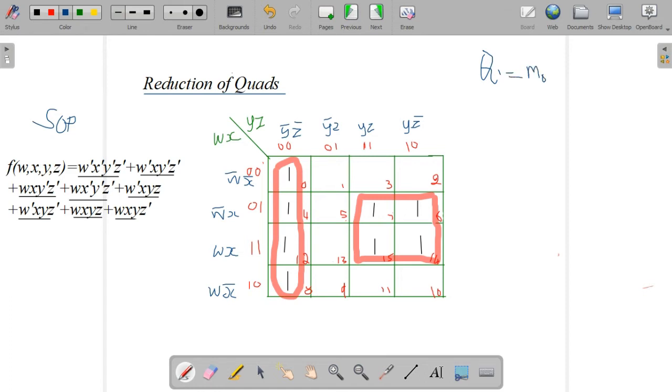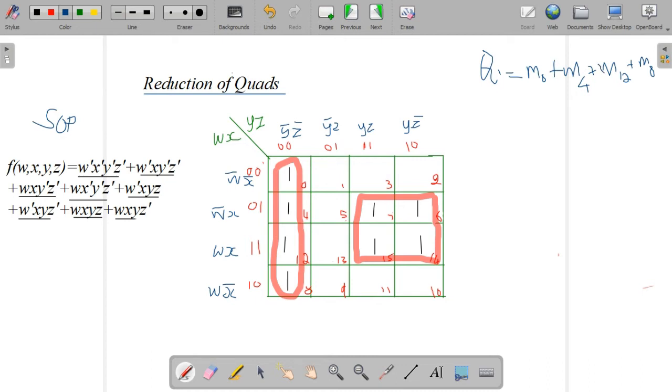Okay, so chord 1, we have written as m0 plus m4 plus m12 plus m8.